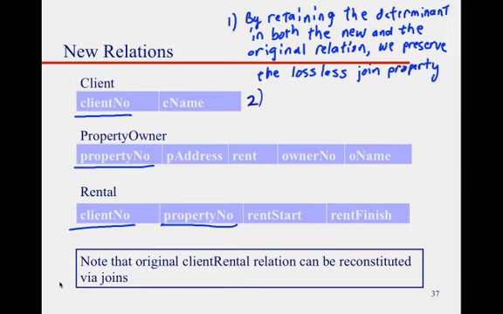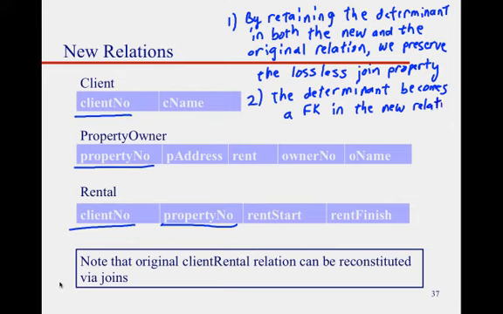And two, the determinant becomes a foreign key in the new relation. Because that's what a foreign key is, what we join on.